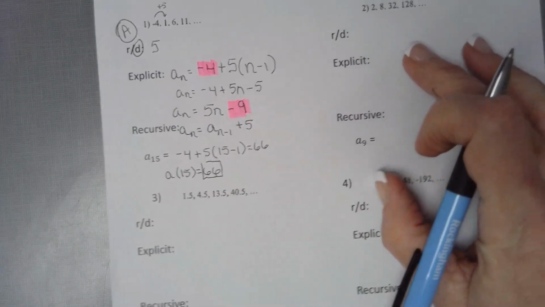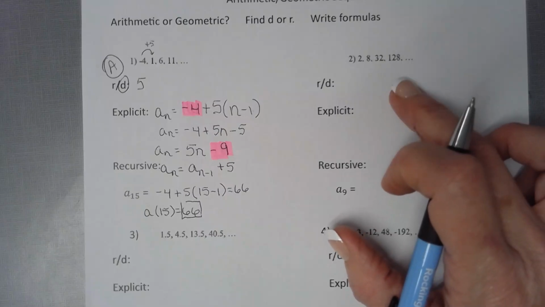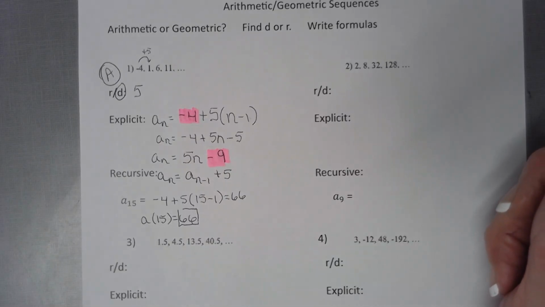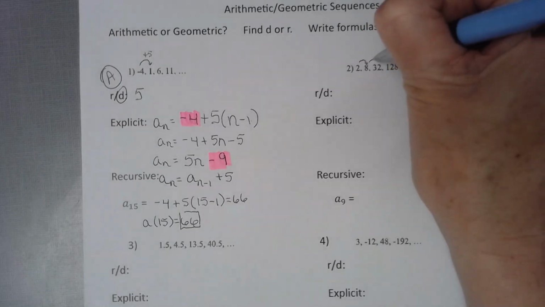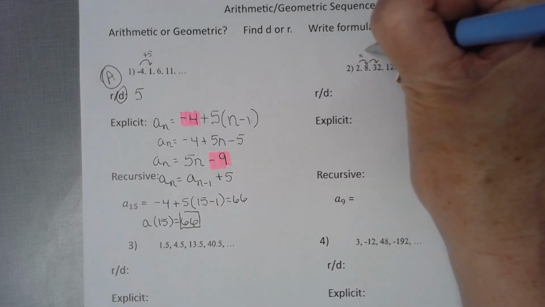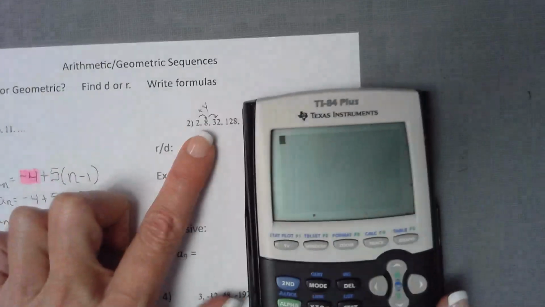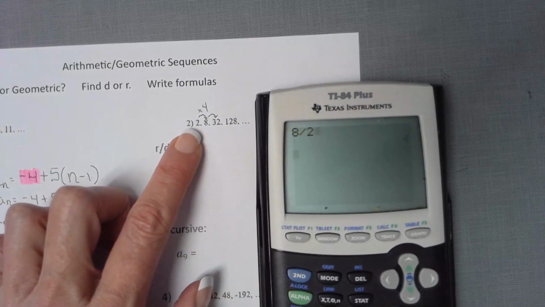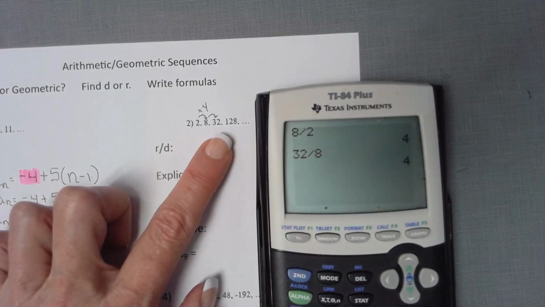Okay, let's go to this one. I need my pattern. I heard multiplying by 4. I'm going to check it. This is how I'm going to check it: second term divided by first, third term divided by second, fourth term divided by third term.